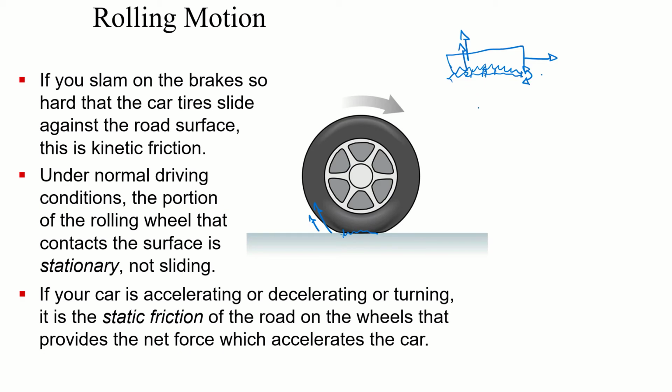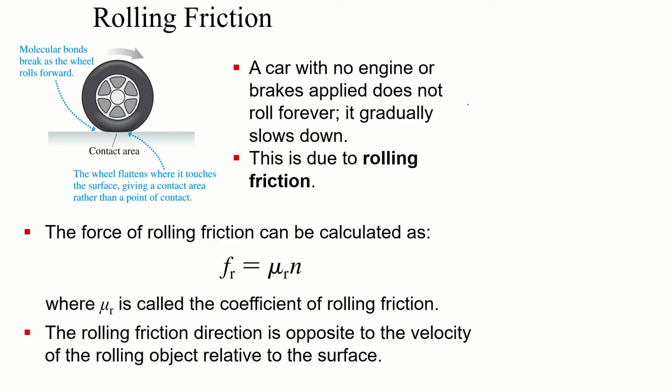It's the same sort of interaction that's causing it, but the way that object's moving relative to the surface, this rolling motion, means that the force is going to have a different strength. What you're going to have to do to overcome that sticking is going to require a different magnitude. And the way we calculate that turns out to be almost exactly the same way we calculate kinetic friction, right?